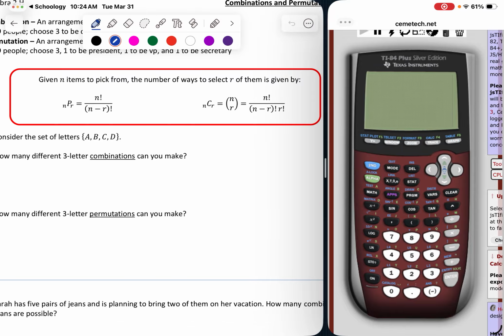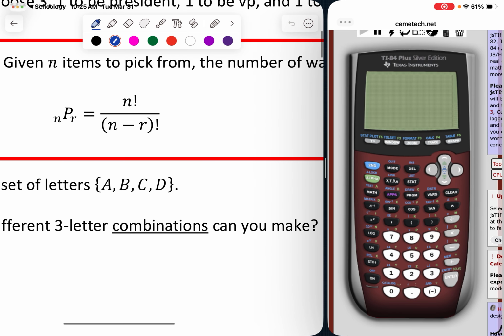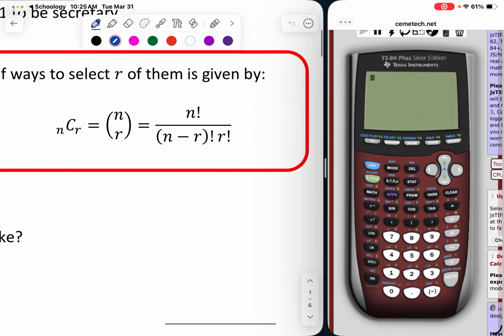So if you are given a number of items to pick from, the number of ways that you can select those items is given by this formula. So this is number of items, permutations, choosing r. And to get that, you would do n factorial divided by n minus r factorial. If we're doing combinations, this is n choose r.